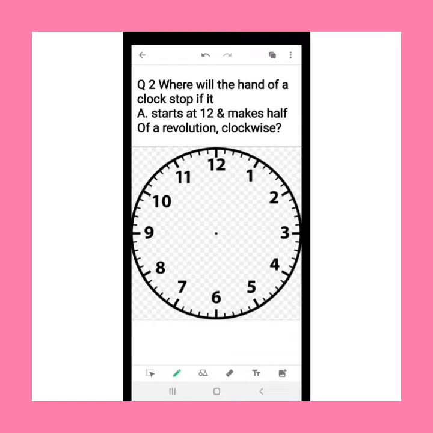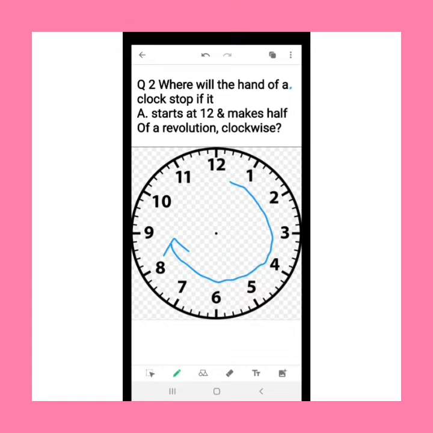Now question number 2: where will the hand of a clock stop if it, the first question, starts at 12 and makes half of a revolution clockwise. Here you have to keep in mind that clockwise means how your clock works, moving from left to right like this. This is the direction of the clock.